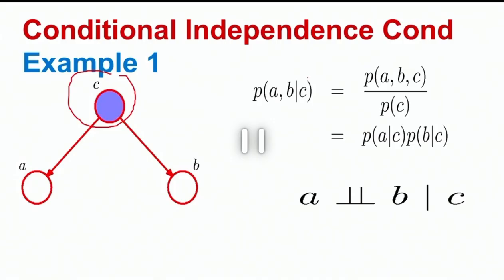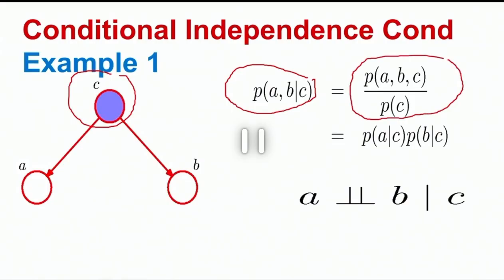If I want to find the probability of A, B given C, given that I observe C, I want to look into the relationship A and B have. Mathematically, it's going to be the probability of A, B, C divided by the probability of C. And what is the probability of A, B, C? Please pay attention.